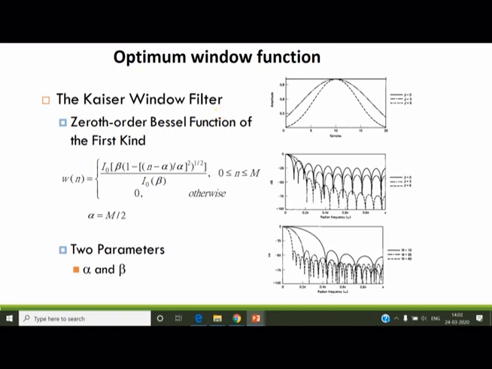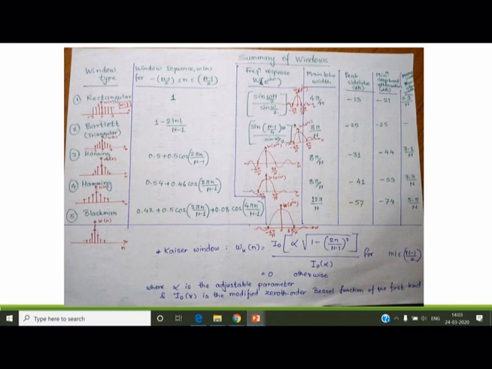This is not the case for any other window function. In other window functions, either we get a narrow main lobe width or we get a smaller side lobe.